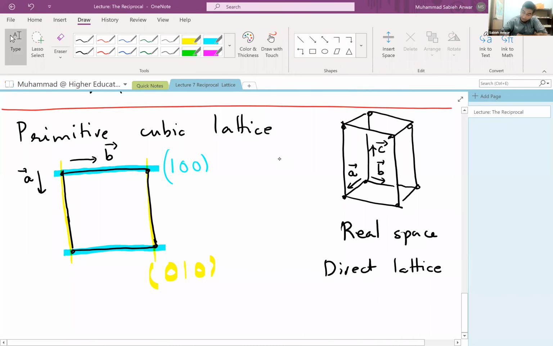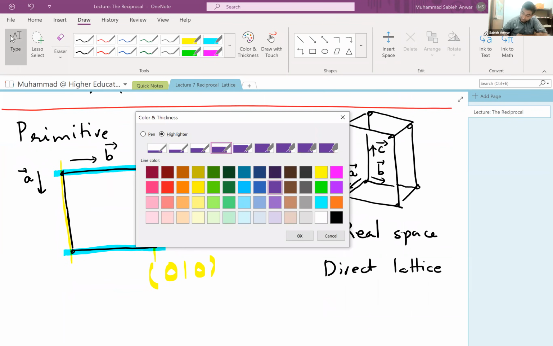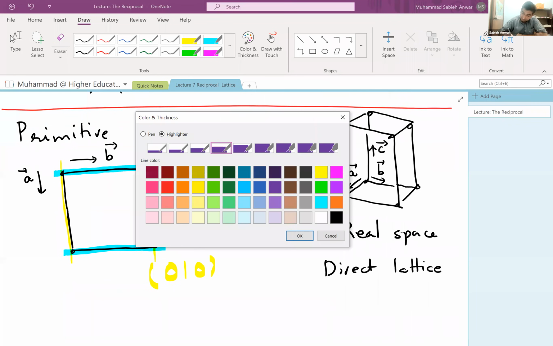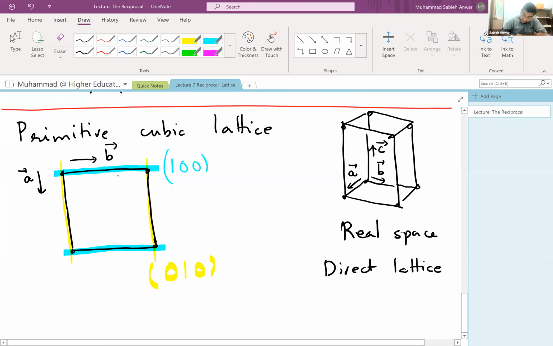Now, in order to identify these planes, what we could do is this: the 100 plane is identified by a vector. The c axis is coming out of the plane of the paper, by the way. So let's draw these vectors now.